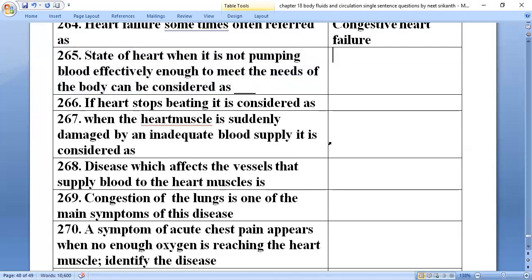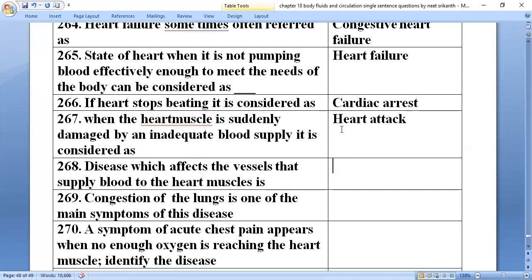The state of the heart when it is not pumping blood effectively enough to meet the needs of the body can be considered heart failure. If the heart stops beating, it is considered cardiac arrest. When heart muscle is suddenly damaged due to inadequate blood supply, it is considered a heart attack.